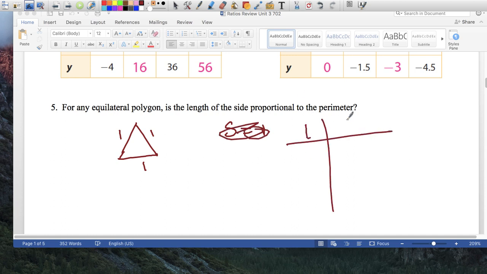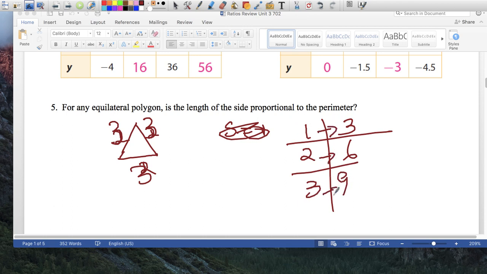If the side is 1, the perimeter is 3. Yeah? Because I add all the sides. What if I change the side to 2? If the side was 2, the perimeter would be 6. What if the side length was 3? The perimeter would be 9, and so forth, and so forth, right?